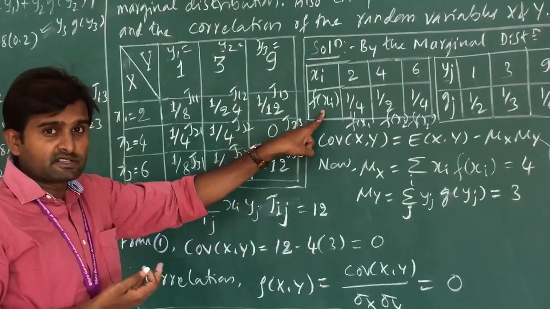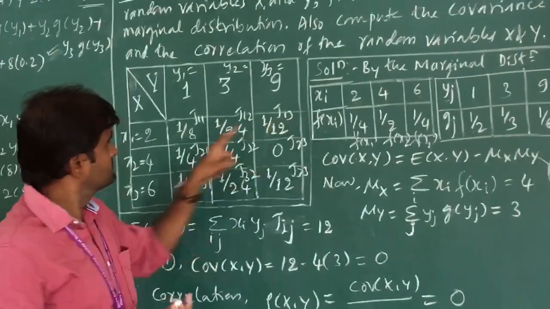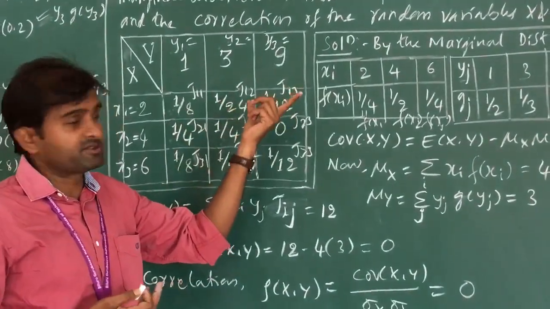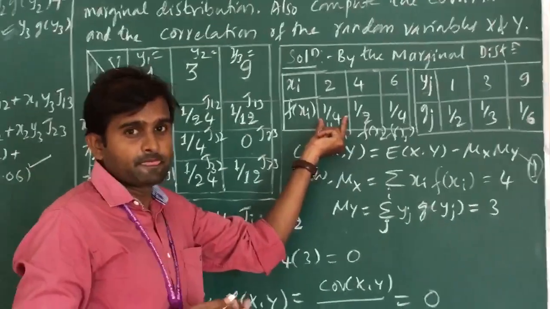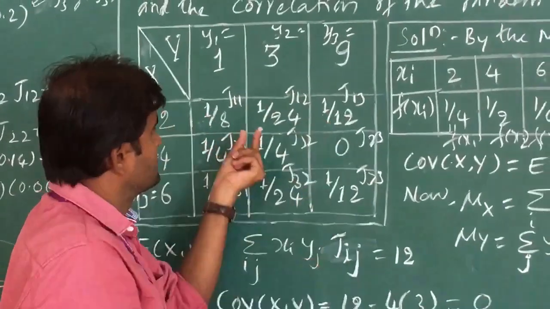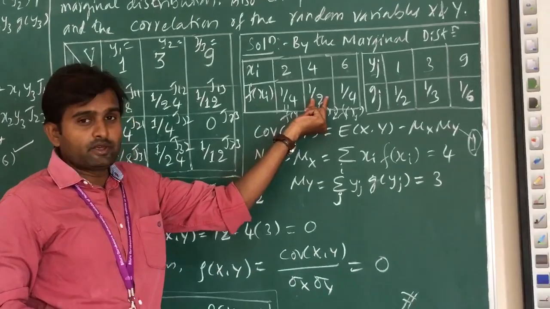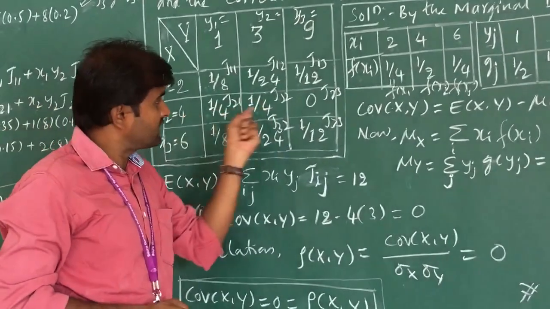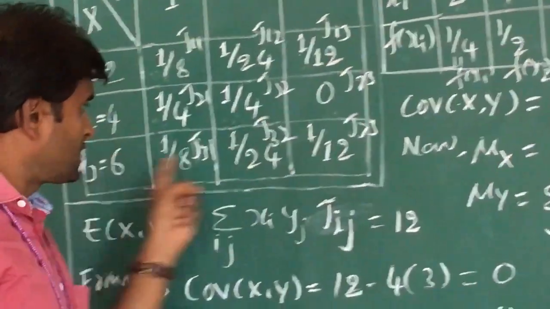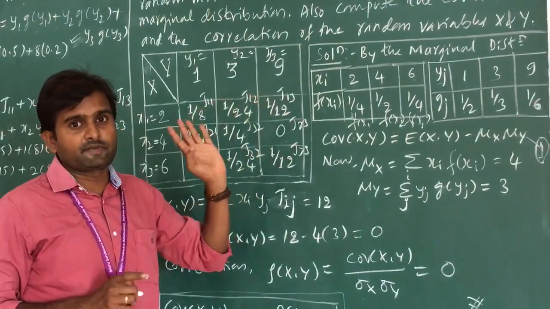How do we find them? For x1, corresponding to this row, the sum of all the joint distributions equals f of x1. So 1 by 8 plus 1 by 24 plus 1 by 12 sums to 1 by 4. Similarly, the sum of the second row, x2, is 1 by 2. The sum of the third row is 1 by 4. Only the joint distributions are summed, over the corresponding rows.